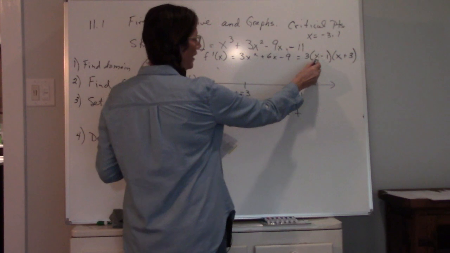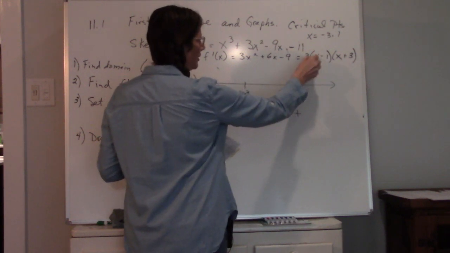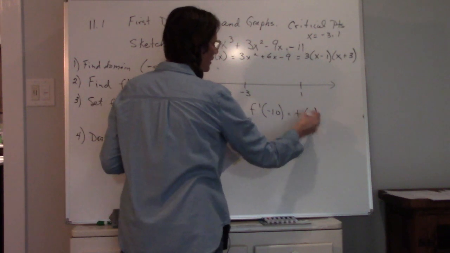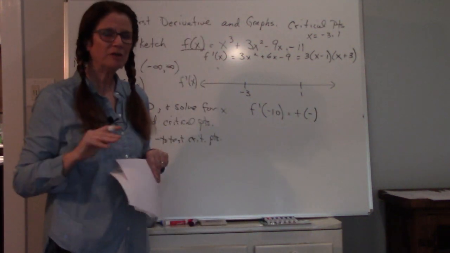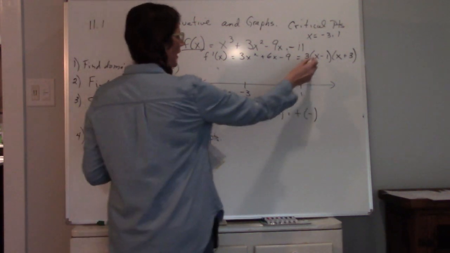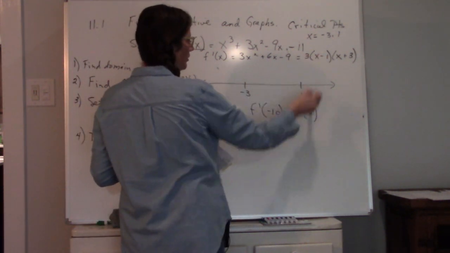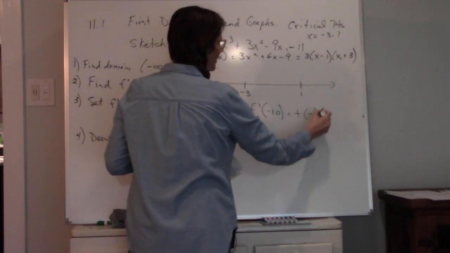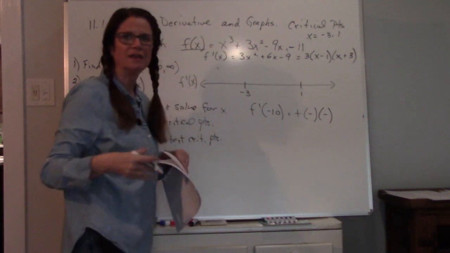When I plug -10 into this term, -10 minus 1 is -11. Do I care about the 11 part? No. All I care about is the negative part. When I plug -10 in here, I get -7. Again, I get a negative value.